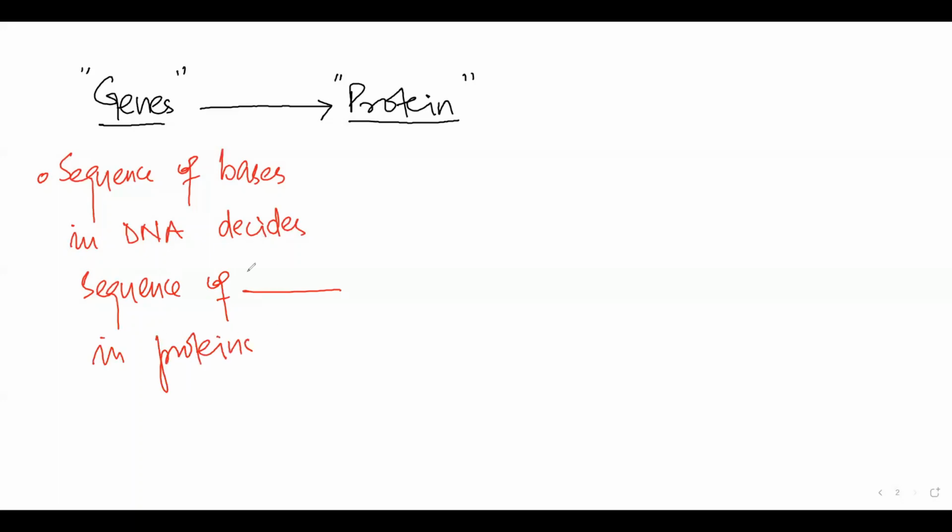Amino acids. Children, proteins are made up of amino acids and DNA or gene is made by bases. So the sequence of bases in the gene determines the sequence of amino acids in protein.